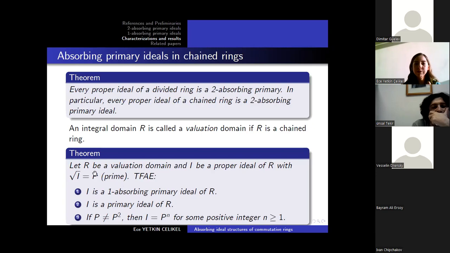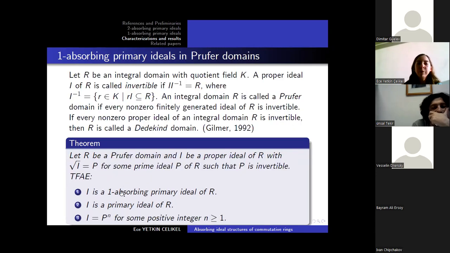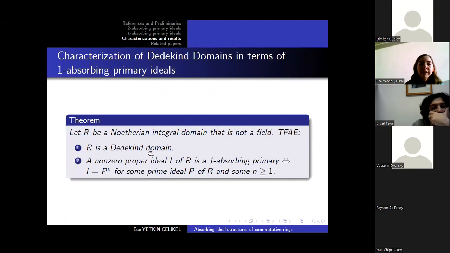Now, similar to this theorem, we will characterize all of the one absorbing primary ideals in Prüfer domains also. And another characterization: this theorem says that we can characterize all Dedekind domains just by looking at the one absorbing primary ideals of this ring.